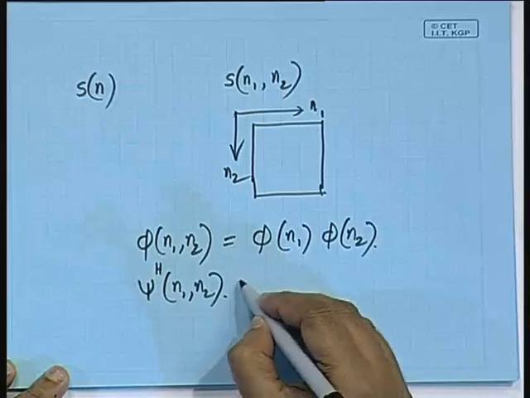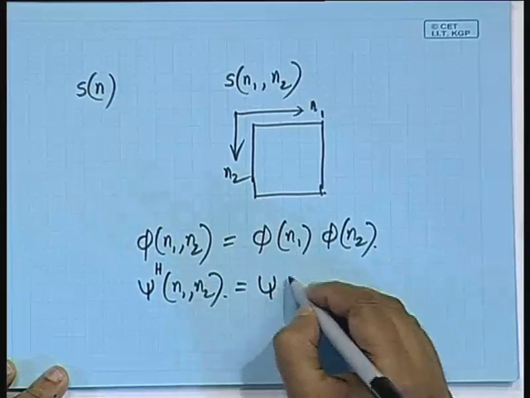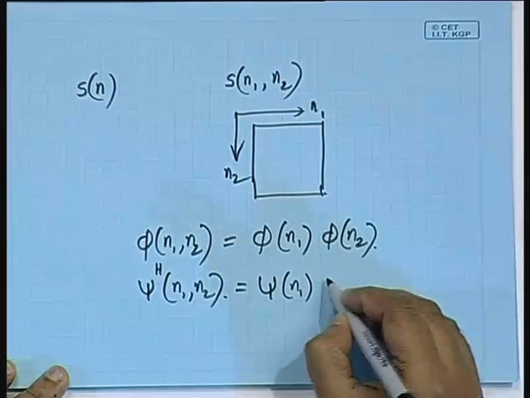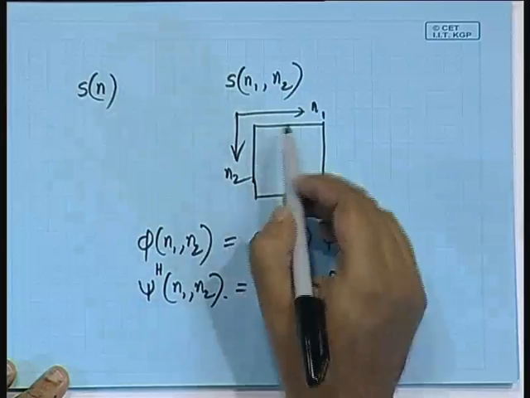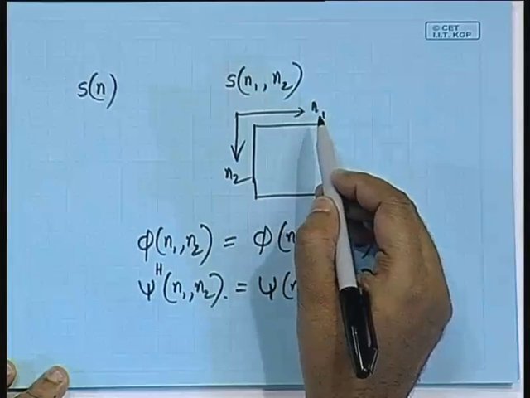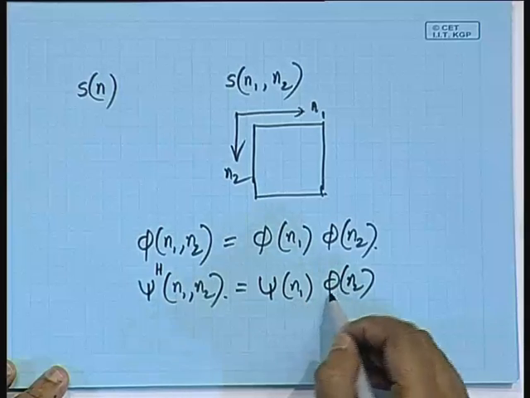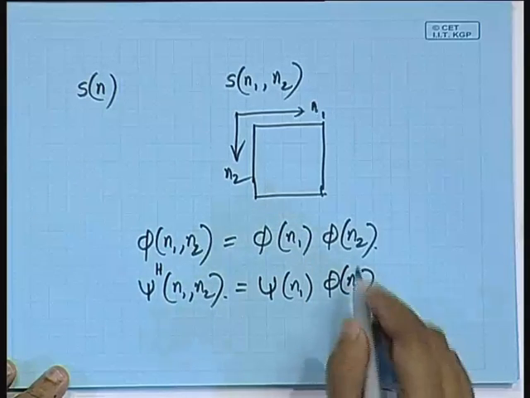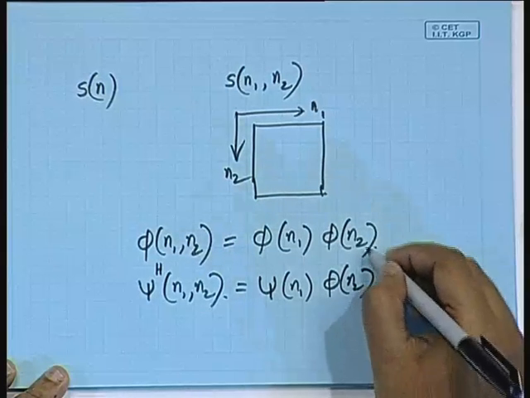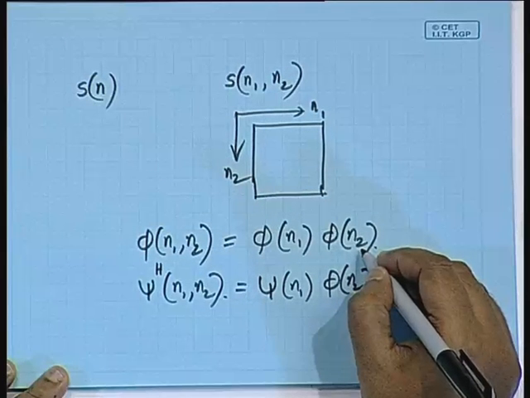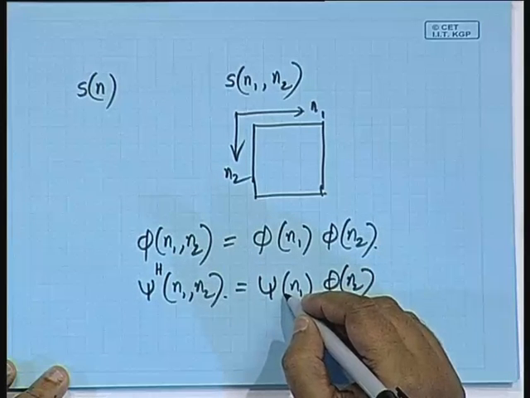What the superscript h means, I will define shortly. That becomes psi n1 into phi n2, which means that along the n1 direction, that is the horizontal direction, it is high pass filtered, but along the n2 direction it is low pass filtered. Phi is the scaling function, which is essentially a low pass filter, and psi is the wavelet function, which is essentially a high pass filter.